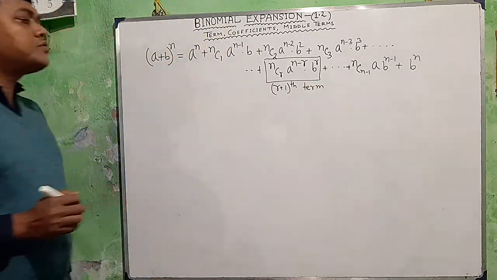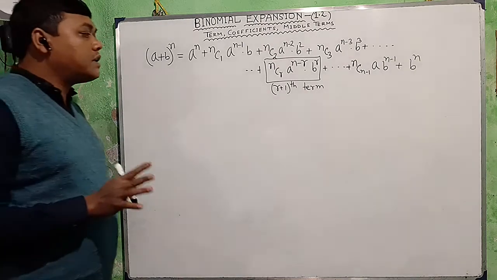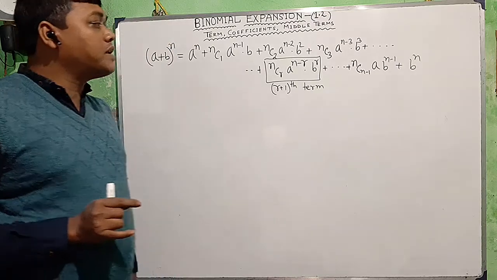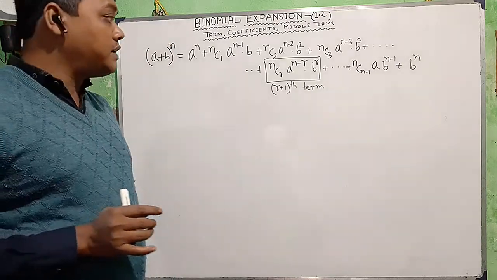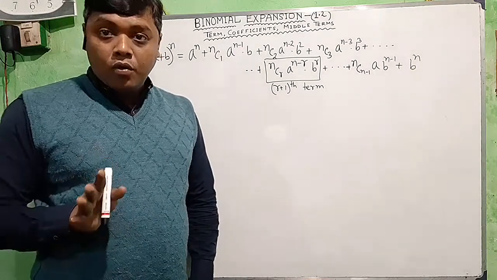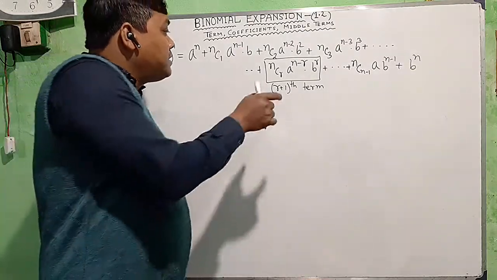Most students wrongly answer that the (r plus 1)th term equals nC(r plus 1) a to the power n minus r minus 1 into b to the power r plus 1. This is wrong, so keep it in your mind.